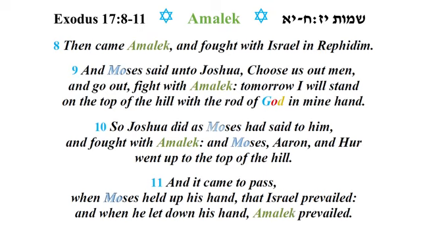And Moses, Aaron, and Hur went up to the top of the hill. And it came to pass, when Moses held up his hand, that Israel prevailed. And when he let down his hand, Amalek prevailed. Remember this? Moses sat on a rock, and Aaron and Hur held up Moses' hand, and as long as his hand was in the air, Israel was winning.